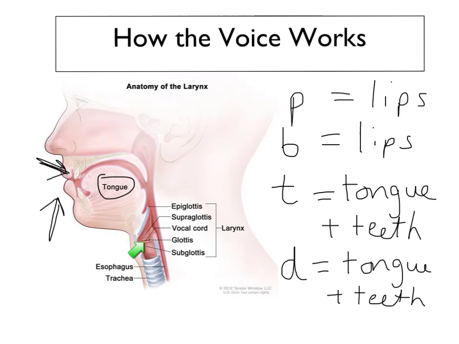So for example, if you've ever heard a Londoner saying bottle with no T sound, that is because instead of the T sound, which they should be making, they're actually making a kind of explosion of air in their glottis, by air building up behind the glottis and then suddenly being released into the mouth, and that's called a glottal stop. So all of these things together, the glottis, the tongue, the teeth, the lips, and the roof of the mouth, are all points in which you can change the air and make different sounds.